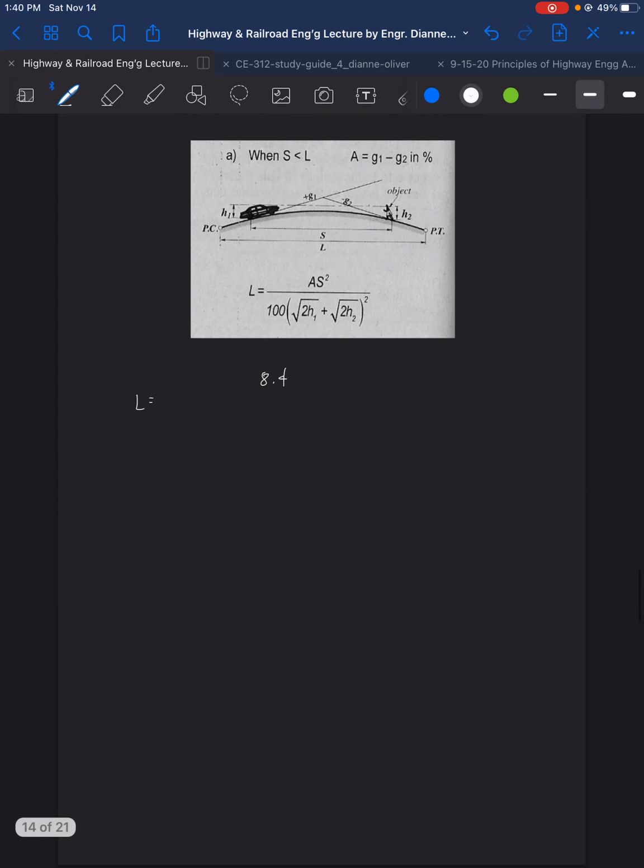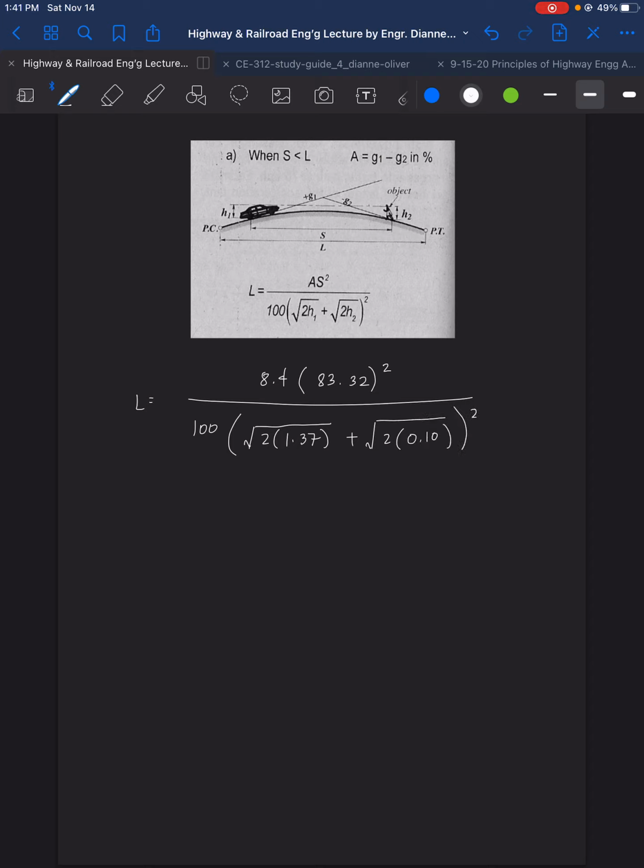Yeah. 8.4% times the S of 83.32 squared, all over 100 times the square root of 2 times 1.37 plus the square root of 2 times 0.10, squared.